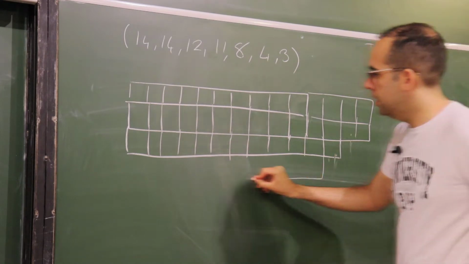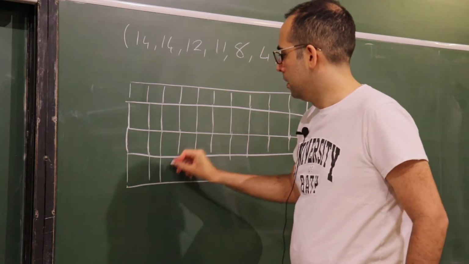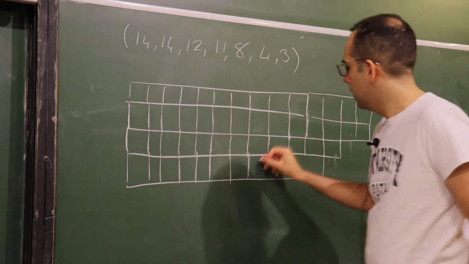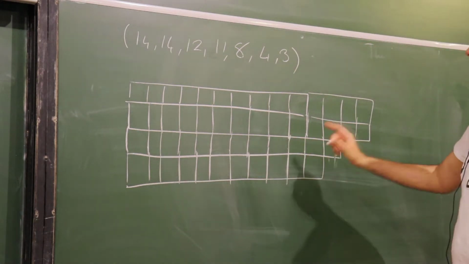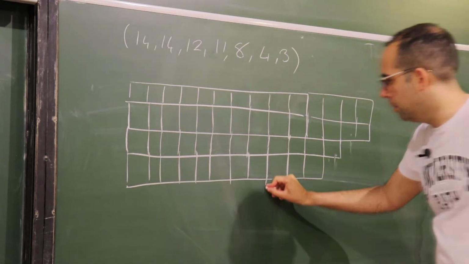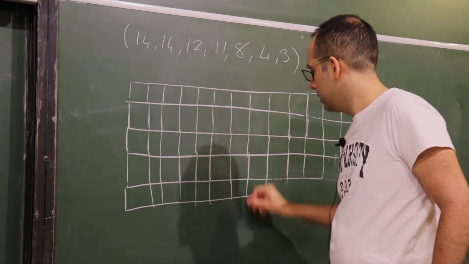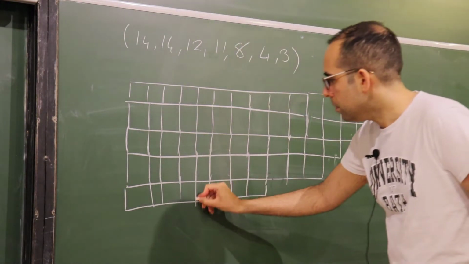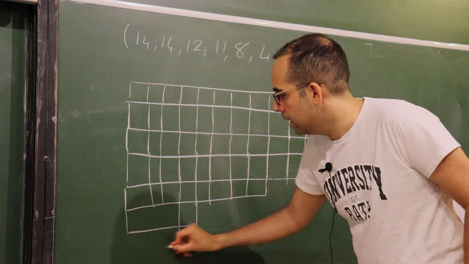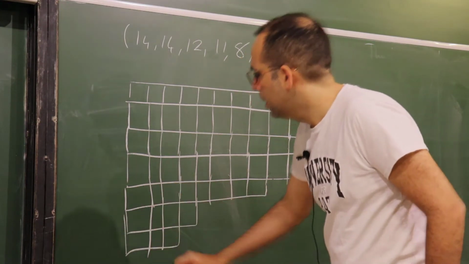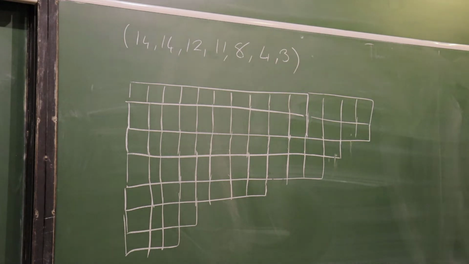Then 11, then 9, 10, 11, 8. So this was 11, this must be 8. 7, 8, good. 4 and 3. Cool.